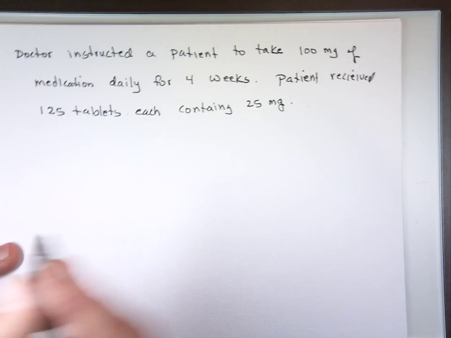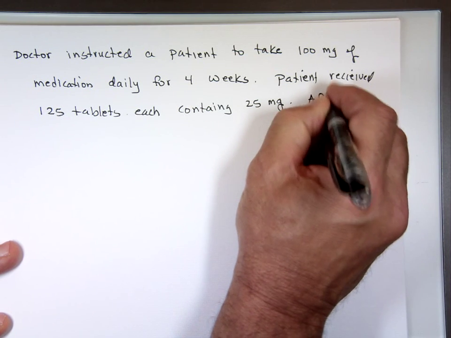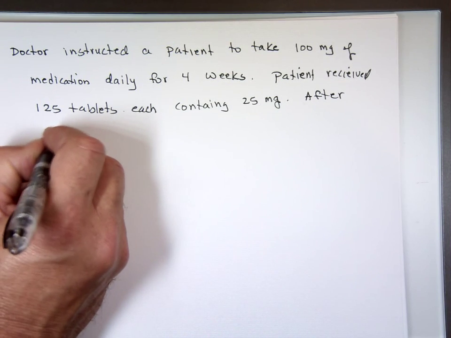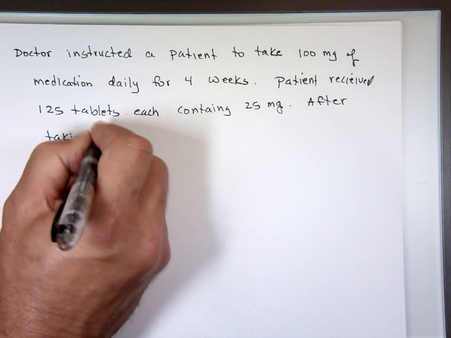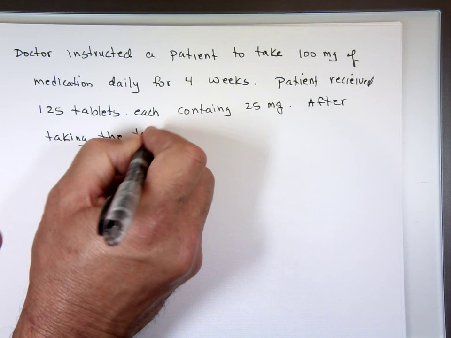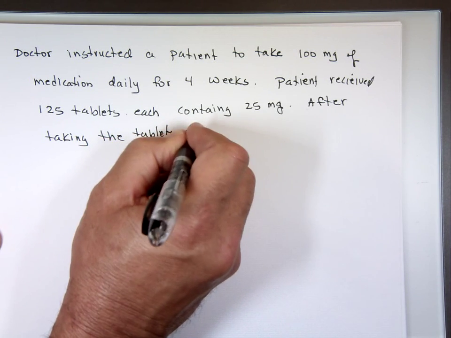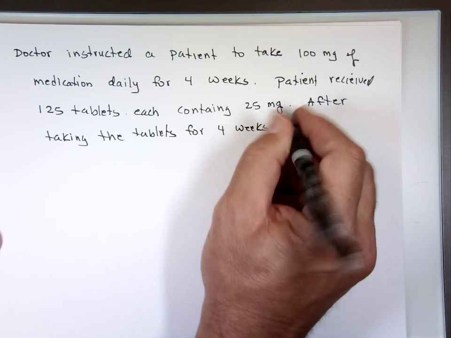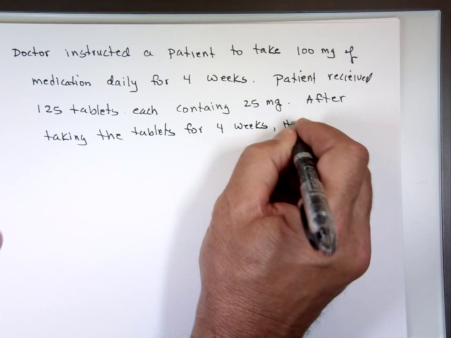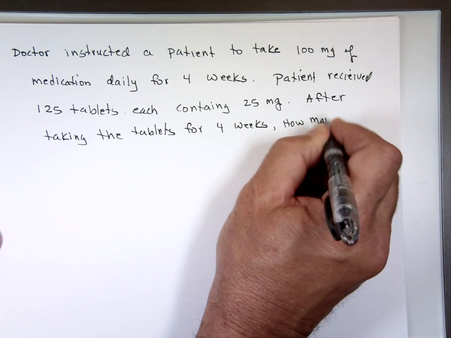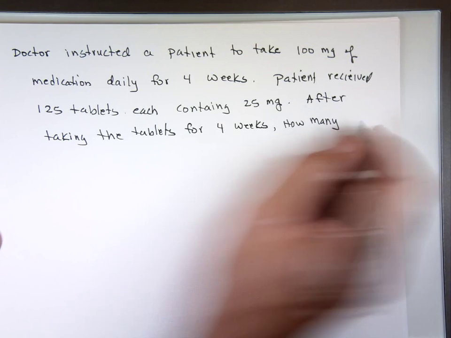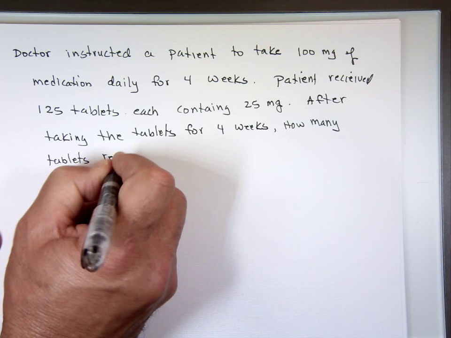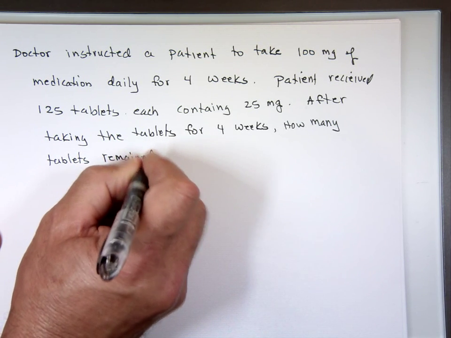The question: after taking the medication for 4 weeks, how many tablets remained? I didn't mean to write all the stuff, but I wanted to explain that problem. That's what the question is.